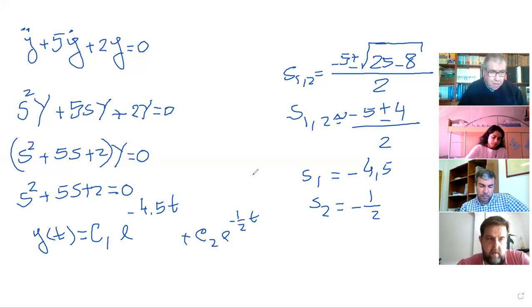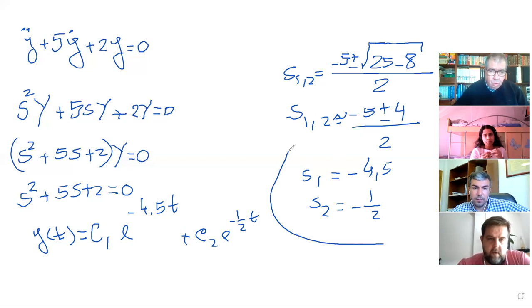Now, in general, does y go to 0 or not? Always. When time goes on. Yes, it goes to 0. Why? Because both exponentials go to 0. Yes, because they are negative exponentials. So the trick is that S1 and S2 have negative real parts.